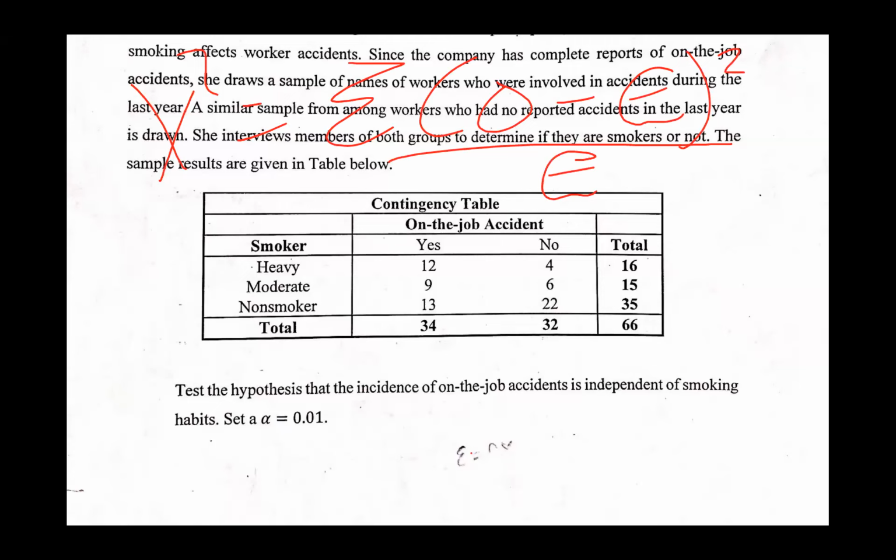Yes. These are already observed values. To find the expected values on a contingent table, you multiply row total times column total divided by the grand total. It will give you this one, isn't it? Is it or not what we were doing?